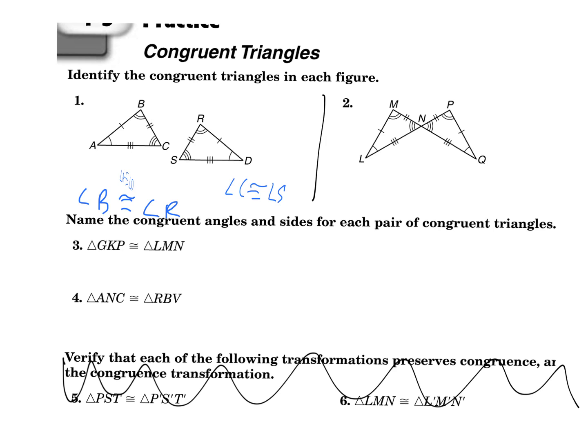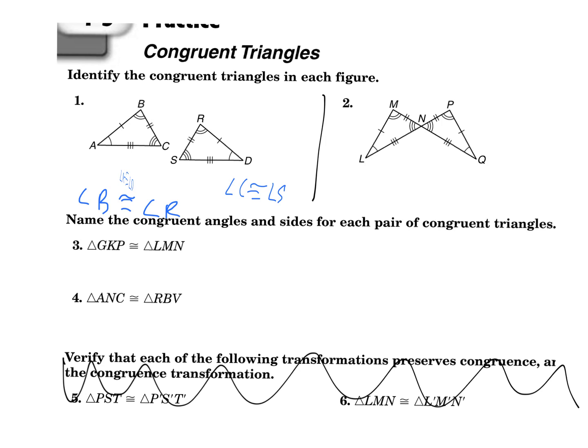And then we look at the sides. I'm not going to write these ones down, but we see side AB is congruent to side DR. Side BC is congruent to side RS. And side AC is congruent to side DS. So because of all of that, everything is congruent.